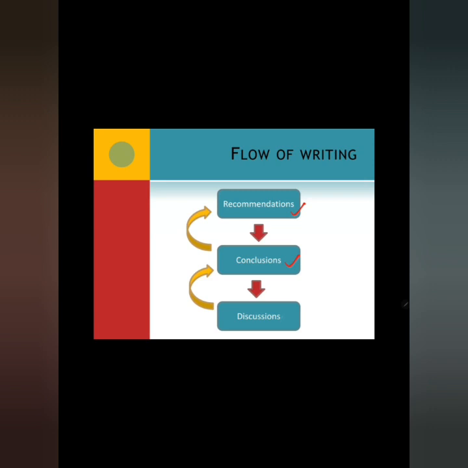Before you can write your conclusion, you need to have a discussion. The discussion will help you to write the conclusion, and the conclusion will help you to prepare your recommendation. This is how you write. There's no such thing as reverse engineering in the study.